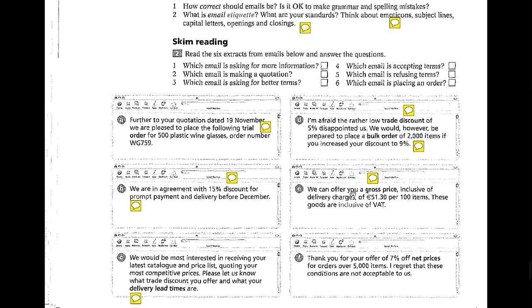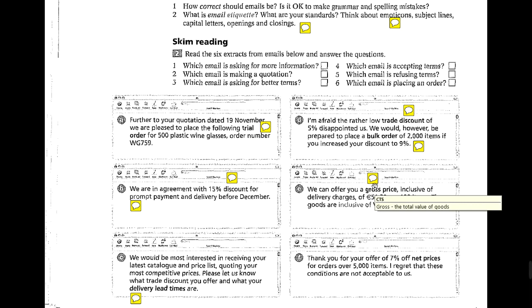We can offer you a gross price inclusive of delivery charges of 51.30 euro per items. These goods are inclusive of VAT. So you have here the word gross price.